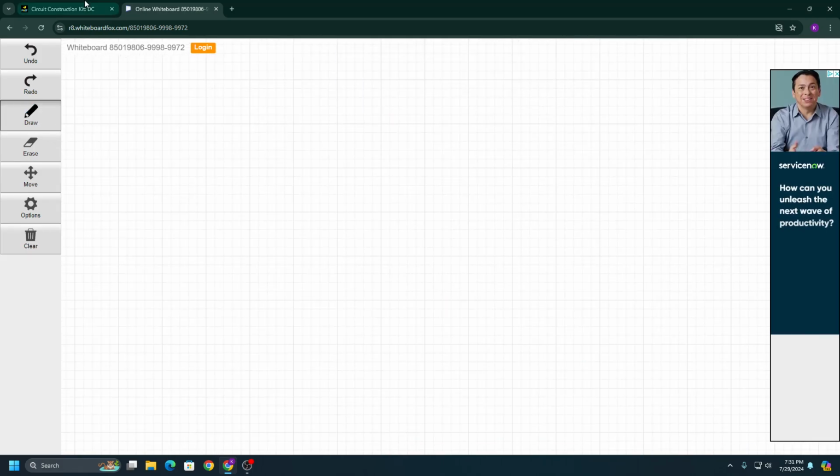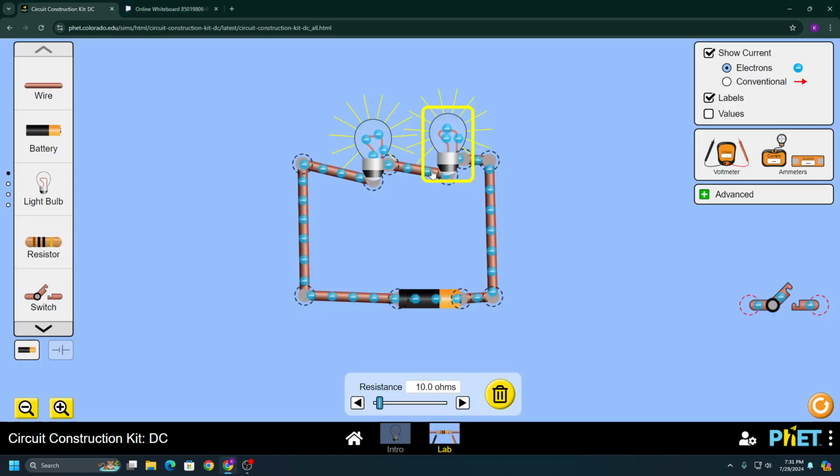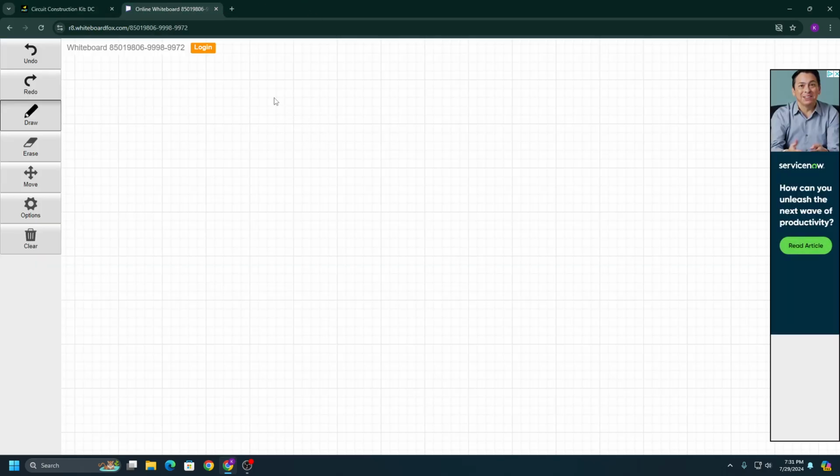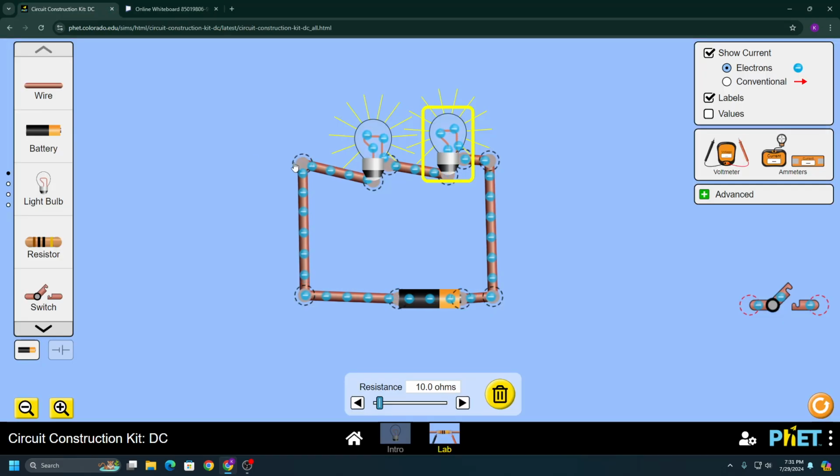Really, they're going to use the same amount of potential energy, because if we think about V equals I times R, the current is the same and the resistance is the same. So they're both going to have the same electric potential difference across them, and they're going to have the same brightness.